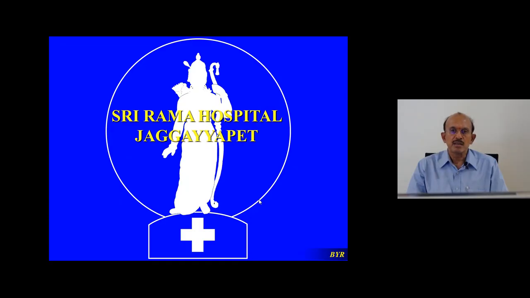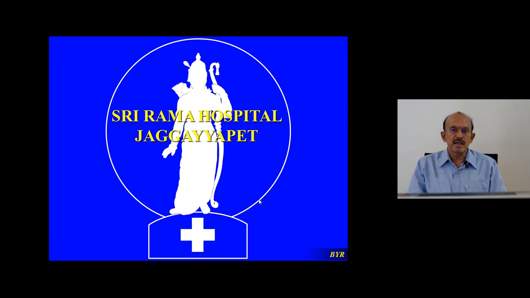So in deep burns, there will be a scar. Once the patient's general condition is stabilized and his systemic status becomes normal, then you have to plan for surgery. As early as third day to seventh day, you have to plan the surgery. You have to excise by tangential method.